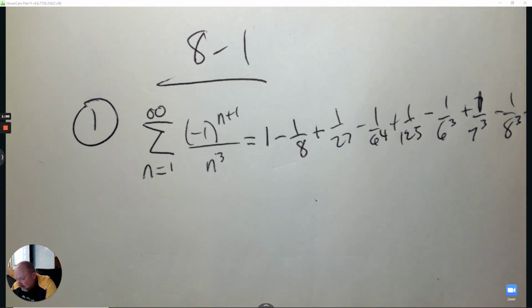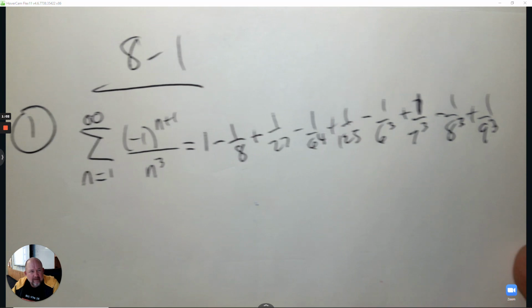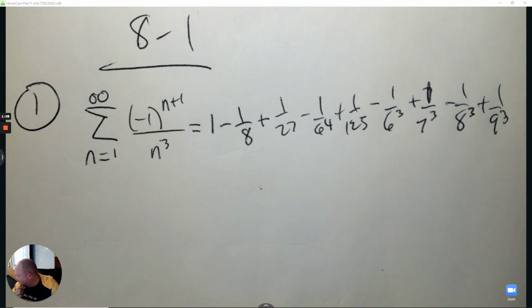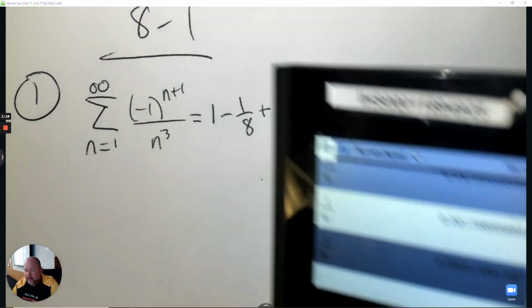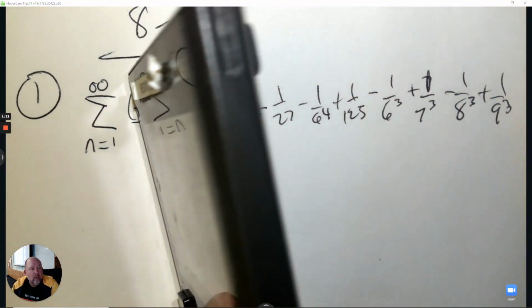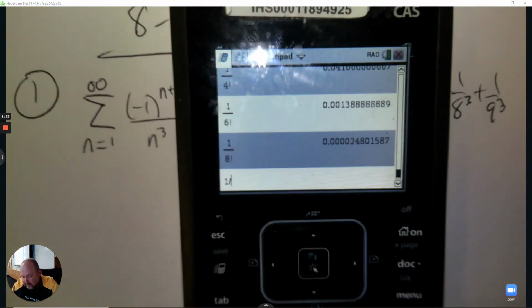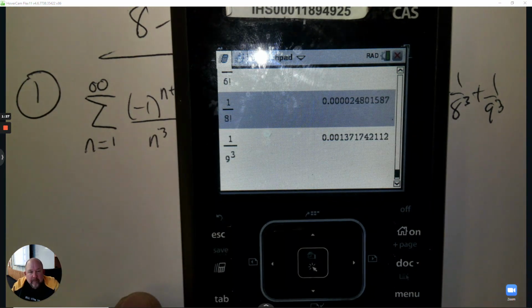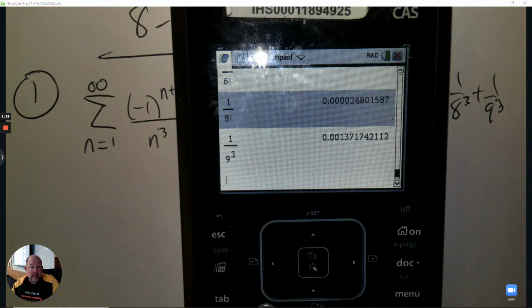So you're going to have to figure out, okay, let's see. At 1 over 9 cubed, I need to know what that answer is. Is that answer smaller than 0.001? That's what I'm looking at. So 1 over 9 cubed, that number is still bigger than 0.001.